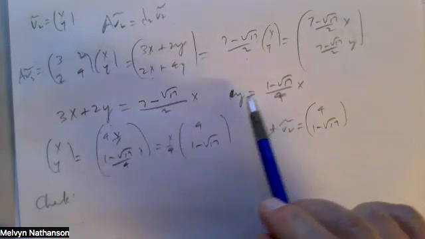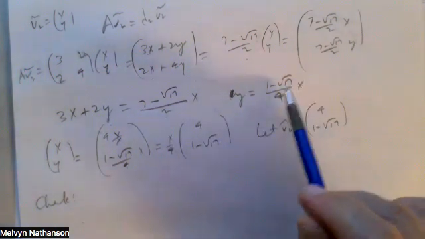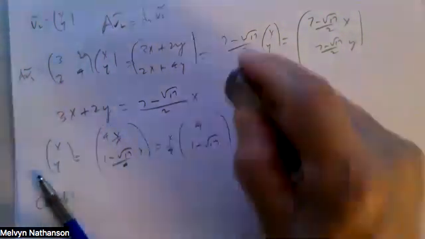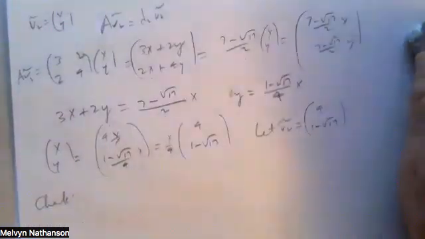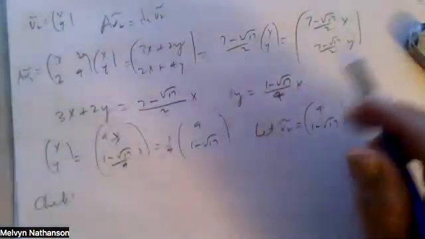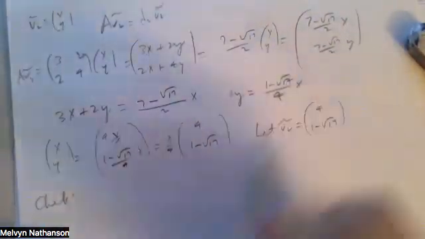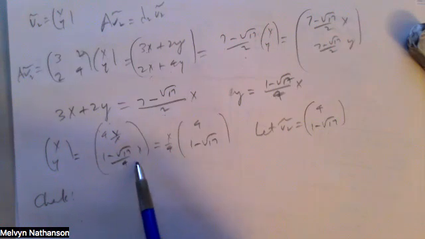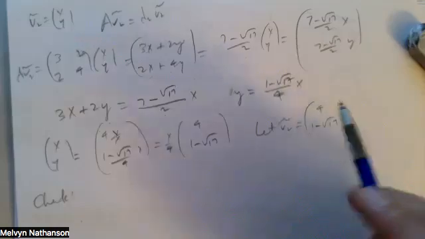So I get 2y is ((1 minus root 17) over 4) over 2 x. Divide by 2: y is (1 minus root 17) over 4 x.